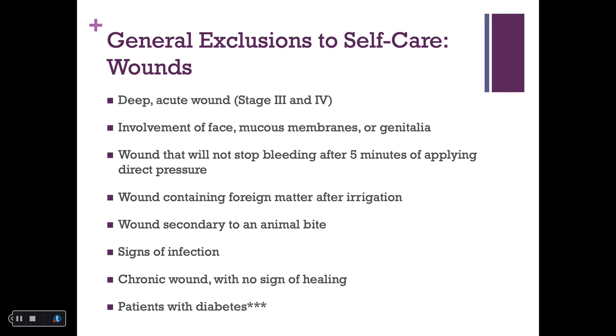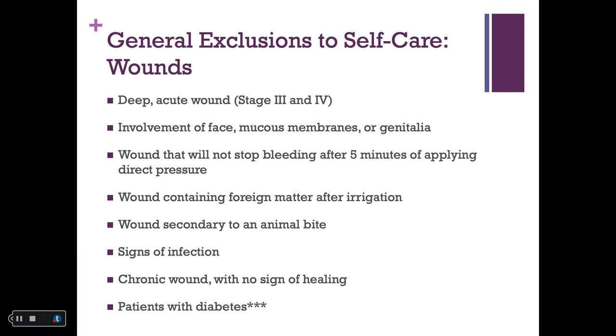Wounds secondary to animal bites may require additional vaccinations. We think of things like rabies, other communicable diseases, and so that would be, again, a sign that you'd need to refer on. We talked about infections previously. If it's more of a systemic infection, it may require antibiotics for that wound to properly heal.